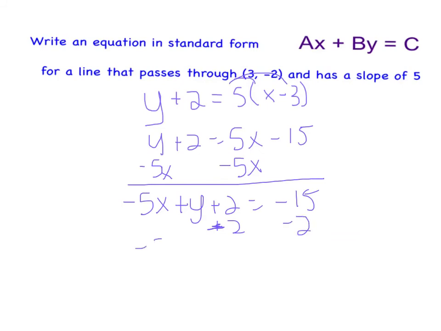So negative 5x plus y equals negative 17. Don't drop your negatives. Negative 15 minus 2 is a negative 17. And then, of course, our last checkpoint, we do have a negative leading coefficient, so we have to change all of our signs to their opposites. So 5x minus y equals a positive 17.